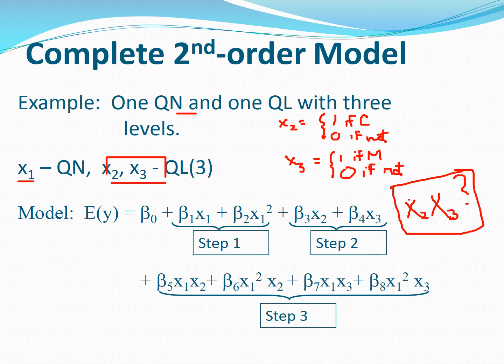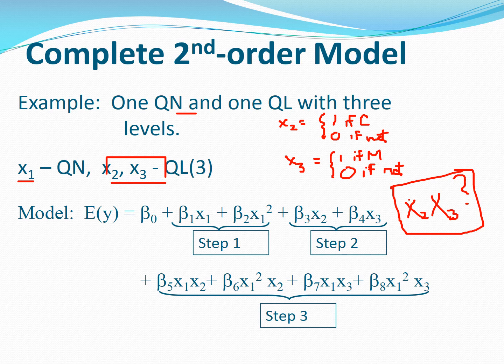If I had 6 different models of vehicle that I was working with, I'd have 5 dummy variables. And none of them could be 1 at the same time, because it's either 1 if this one, 0 if not, 1 if that one, 0 if not, 1 if that one, 0 if not. And so when the dummies come from the same qualitative variable, and you can see how I write it here, it's a qualitative variable with 3 levels defined by these 2 dummies, you're never going to interact them.